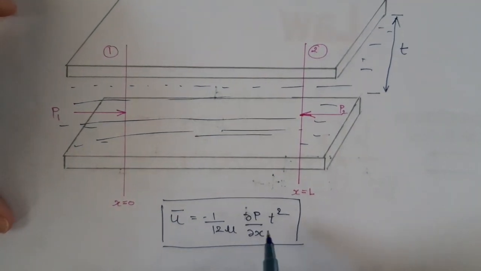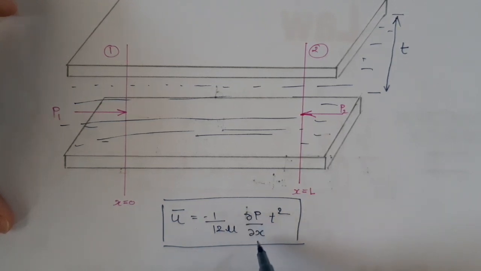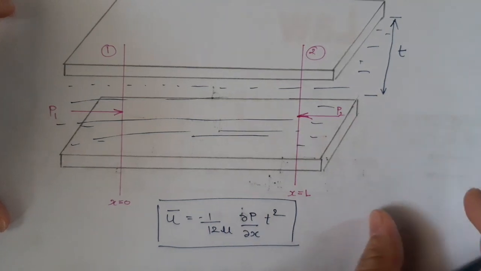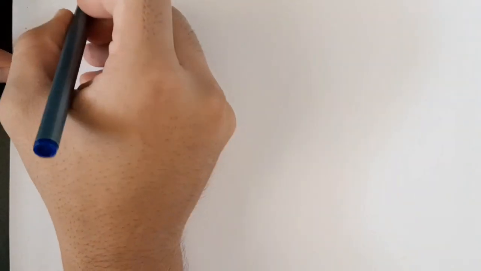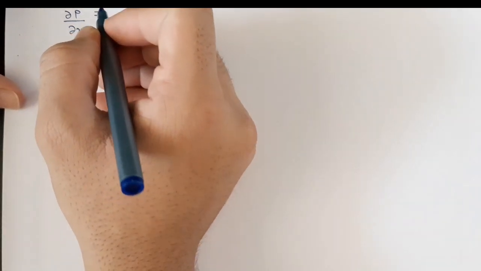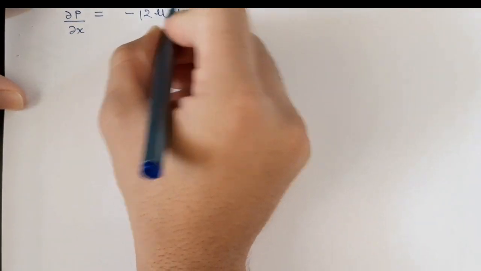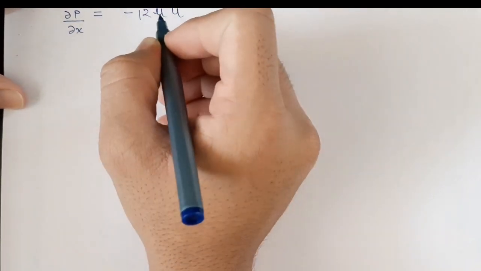Observing this equation we get a hint that del p by del x is the only term which relates the pressure difference. So keeping del p by del x on one side, we get del p by del x equals minus 12 mu u bar upon t square.